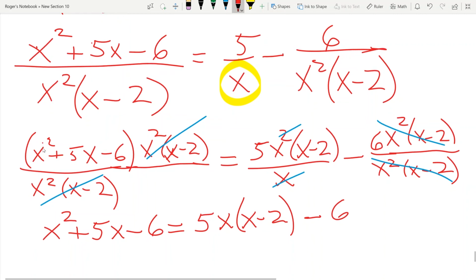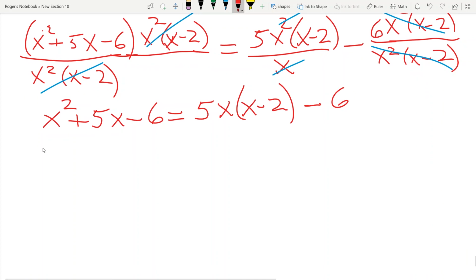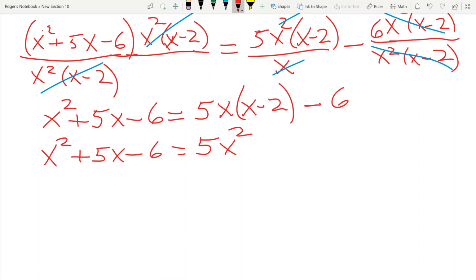So we will continue on collecting terms now. We have to multiply out the 5x times x minus 2. So this becomes x squared plus 5x minus 6 equals 5x squared minus 2 times 5 is 10, minus 10x, and then we subtract the 6 on the end.